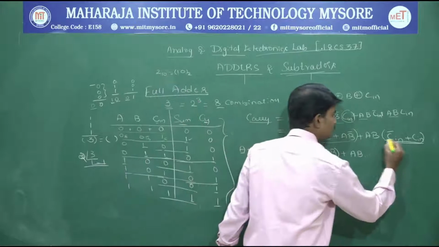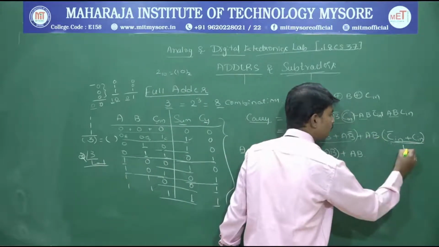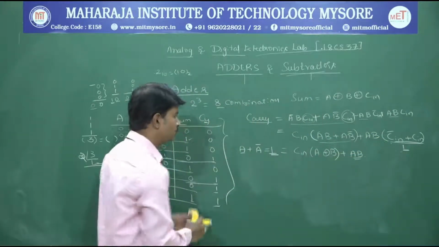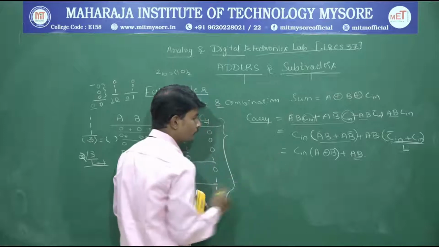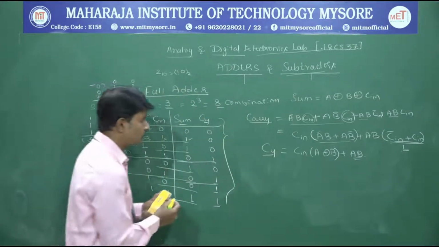So that's why I can just replace this whole thing with a 1. If you multiply this AB with a 1, you are going to end up with AB itself. Now this is the expression for carry.